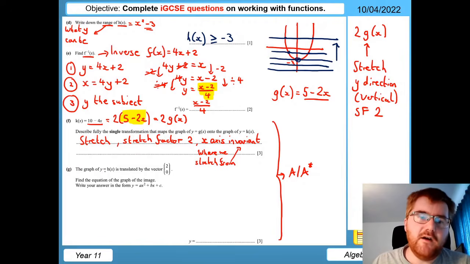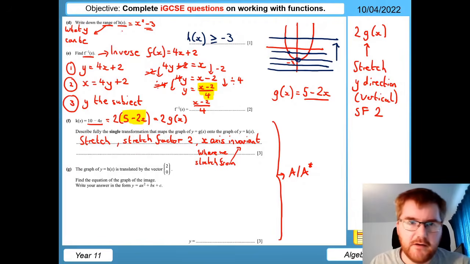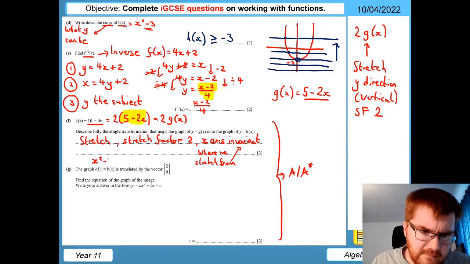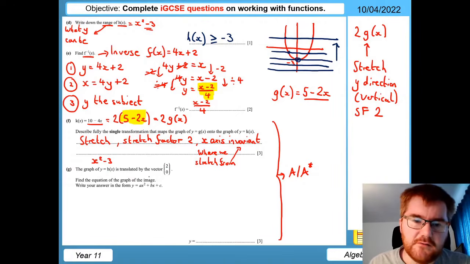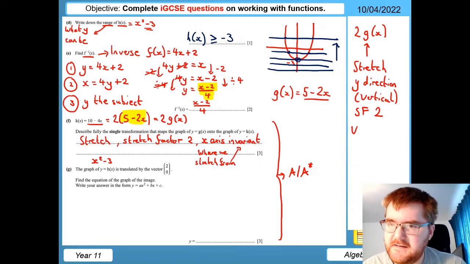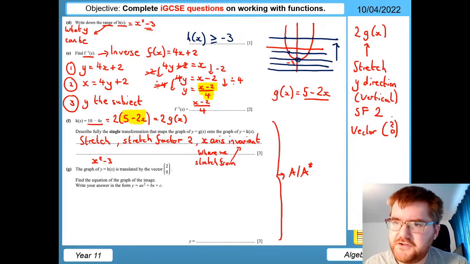Right, and now on to another little twist on transformations of functions with part G. So the graph of y equals h of x, which remember h of x is equal to x squared minus 3, is translated by the vector 2, 0. And we need to work out the equation of the graph of the image. So if I take the vector 2, 0, remember that just means moving 2 to the right.